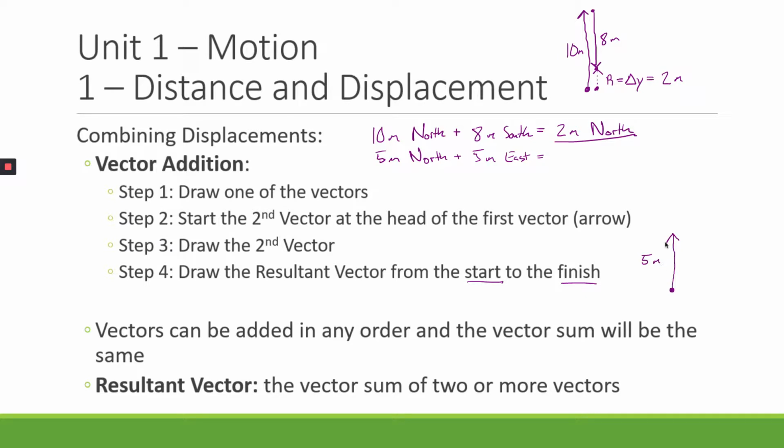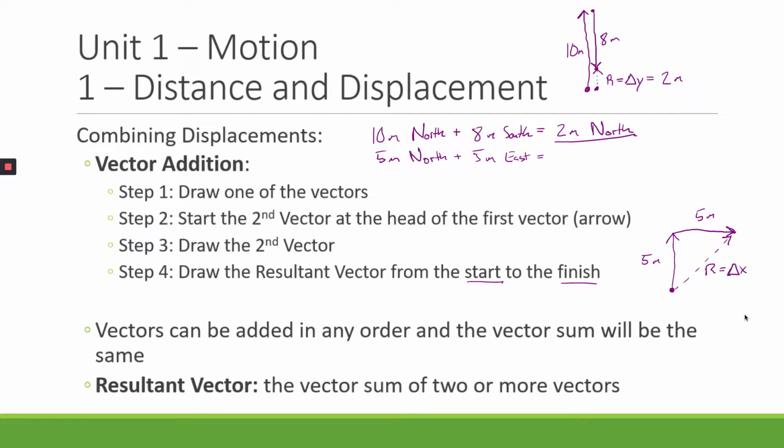Then we're going to go to the tail of this one and draw our second vector, 5 meters east. Now, step 4, draw the resultant from the start to the finish. And it always points to the finish. So you should have kind of 2 arrows there. And this is your R, your resultant vector, which will be, let's call it, our delta x, our change in x position.